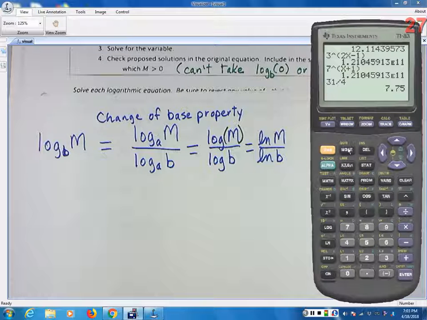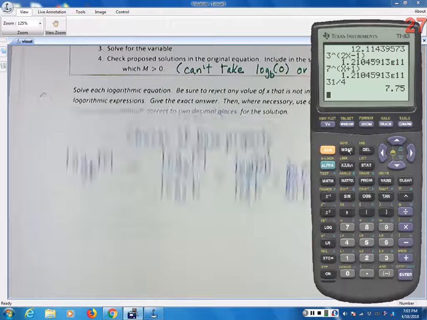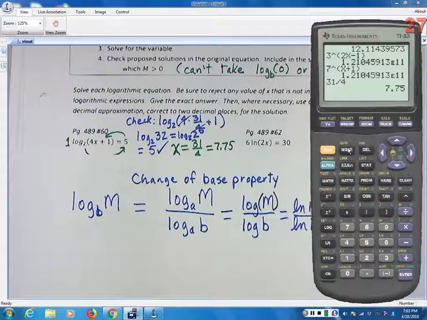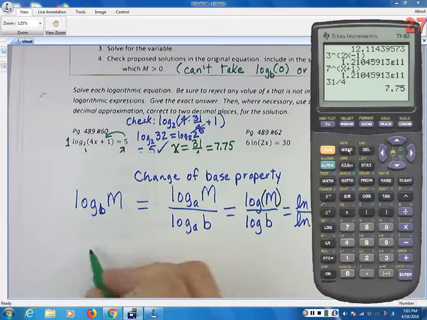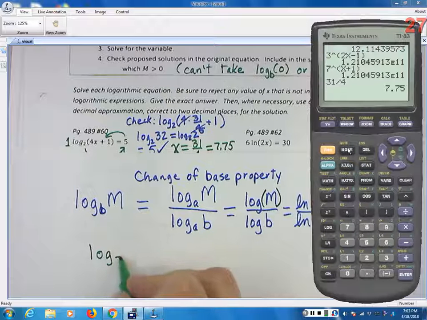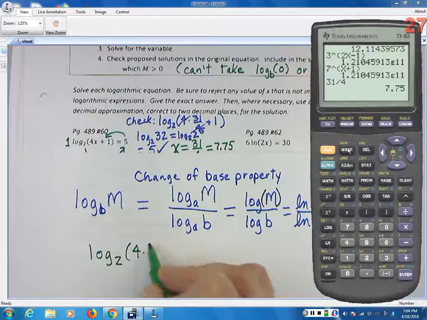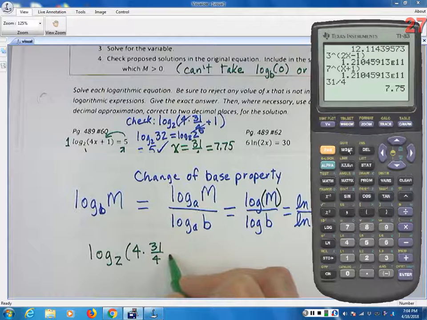So if I wanted to find log base 2, this is kind of complicated, but this is log base 2 of 4 times 31 divided by 4 plus 1.